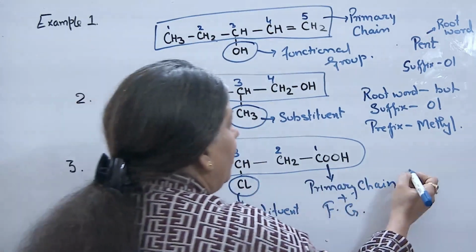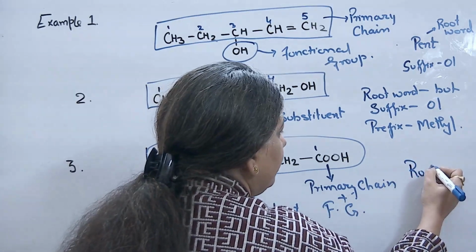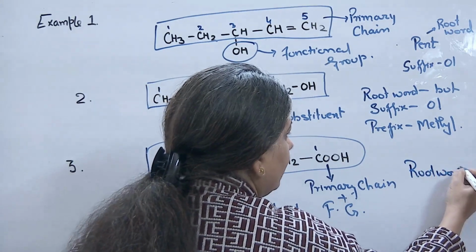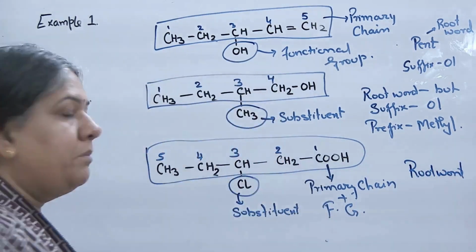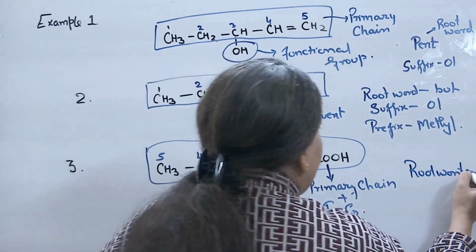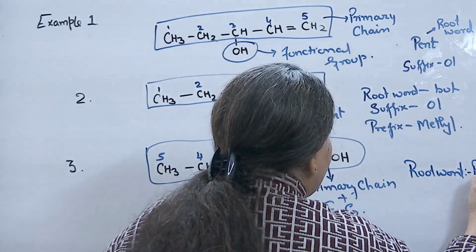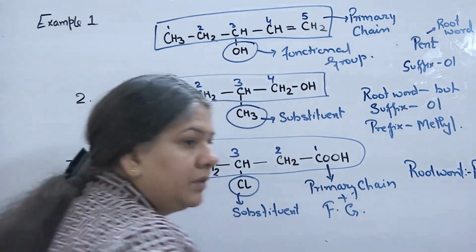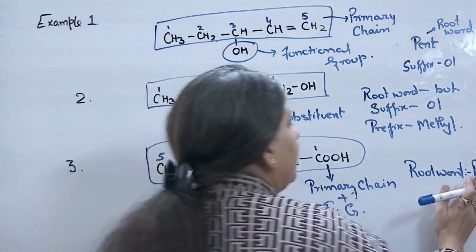So again the root word will be pent, since it has a 5 carbon chain.